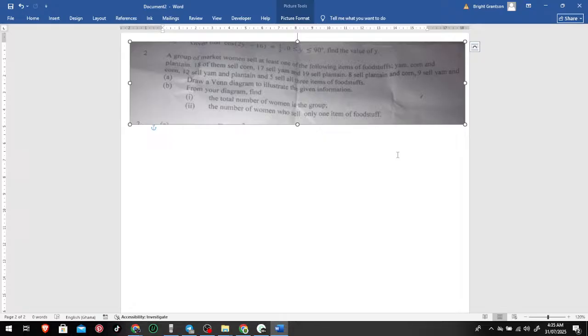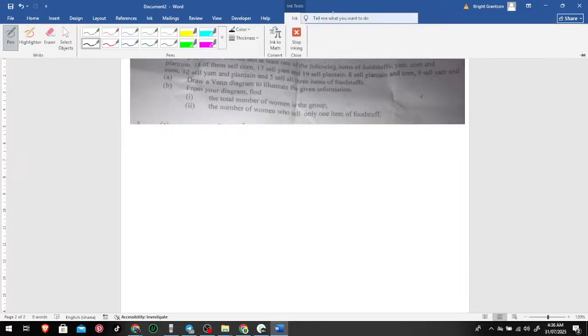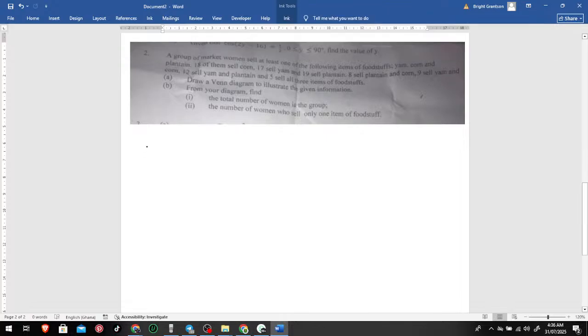So now they sell foodstuffs: yam, corn, and plantain. 18 of them sell corn, so the number of corn equals 18. 17 sell yam and plantain. Number of yam and plantain is 17. And 8 sell plantain and corn. Number of plantain and corn equals 8.